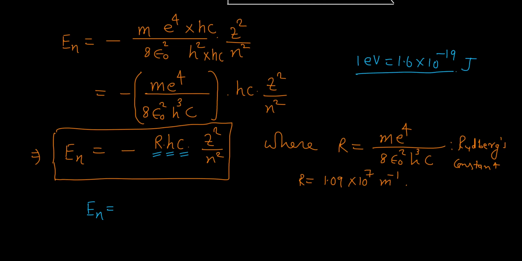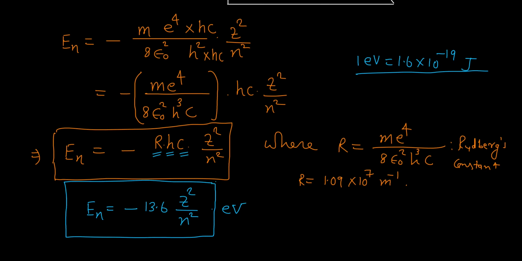Basically, 1 electron volt is the kinetic energy acquired by an electron when it is accelerated through a potential difference of 1 volt. If I put the values here of h c and convert the total energy into electron volt, you will get minus 13.6 Z² divided by n², in electron volt. This is the final expression you can remember: En is equal to minus 13.6 Z² upon n².